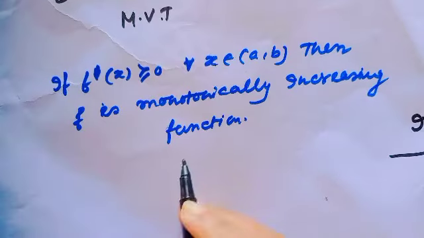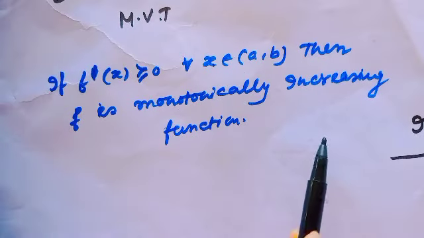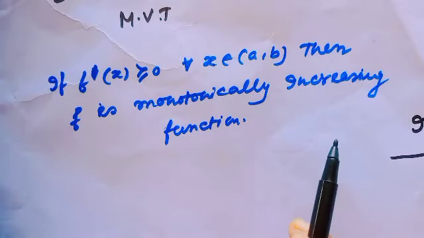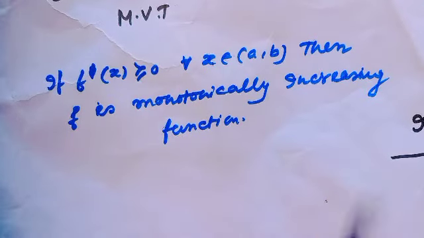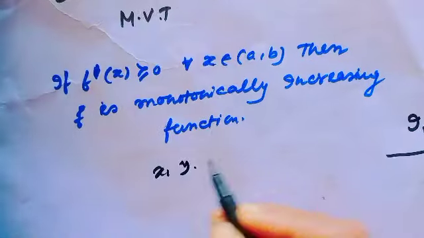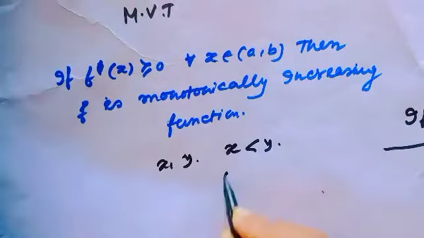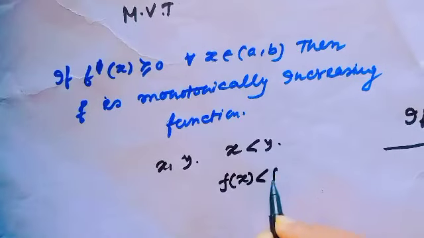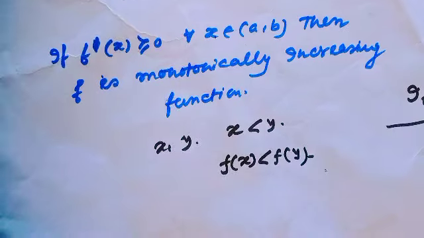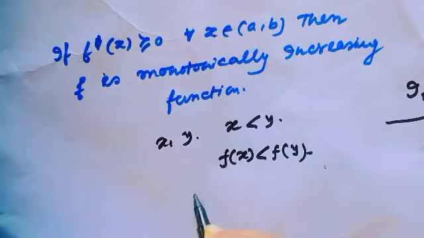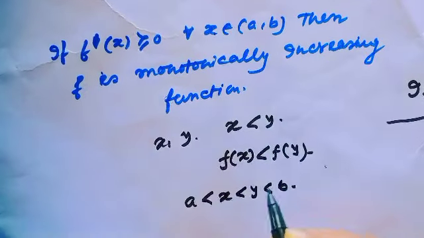And here I will use mean value theorem. We have to prove the function is monotonically increasing. That means if we take 2 points x and y, where x less than y, then we have to prove f of x less than f of y. Okay? Consider 2 points a less than x, less than y, less than b.